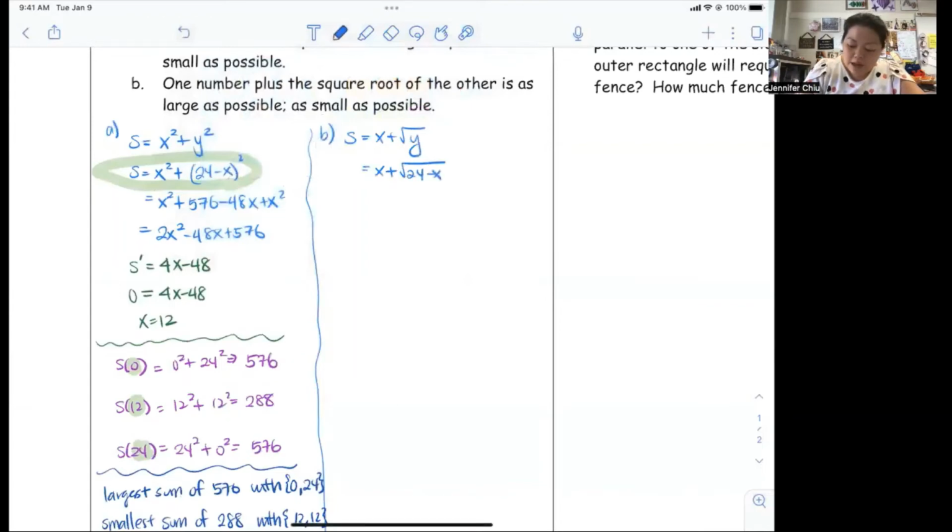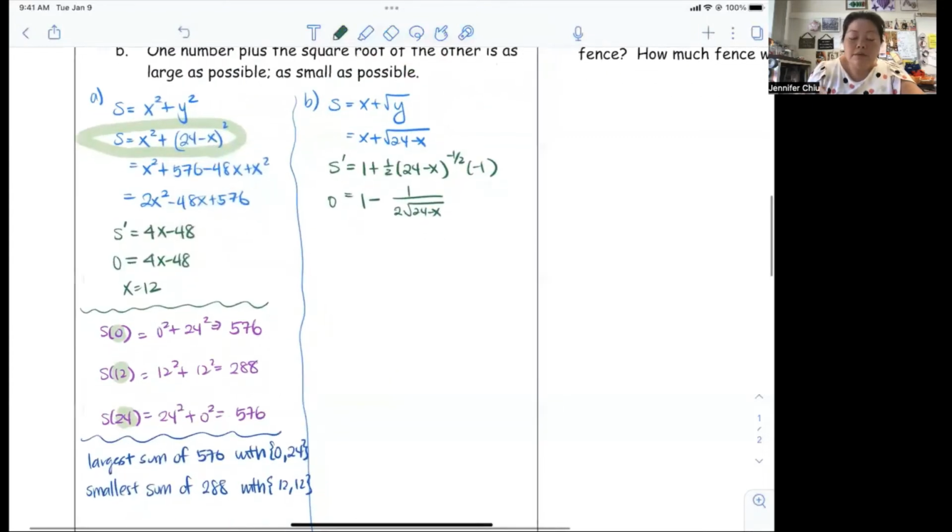Now I take the derivative because I'm trying to maximize or minimize this. The derivative is S prime equals 1 plus 1/2 times (24 minus x) to the negative 1/2. Don't forget the chain rule: you have 24 minus x inside, so negative 1 is your derivative inside. So you get 1 minus 1 over 2 root 24 minus x, and you set it equal to 0.